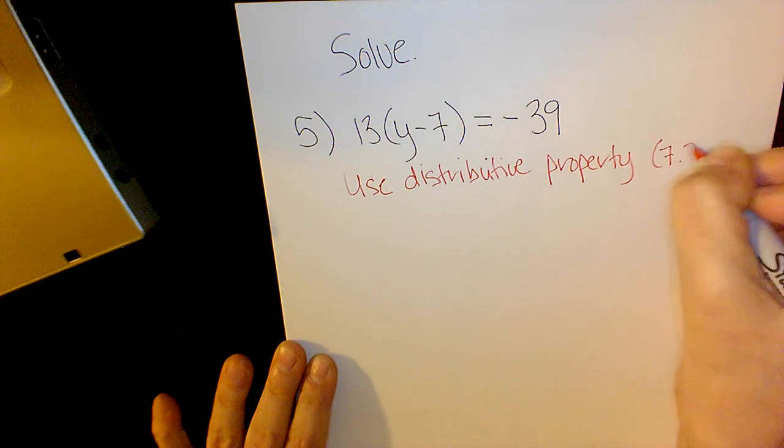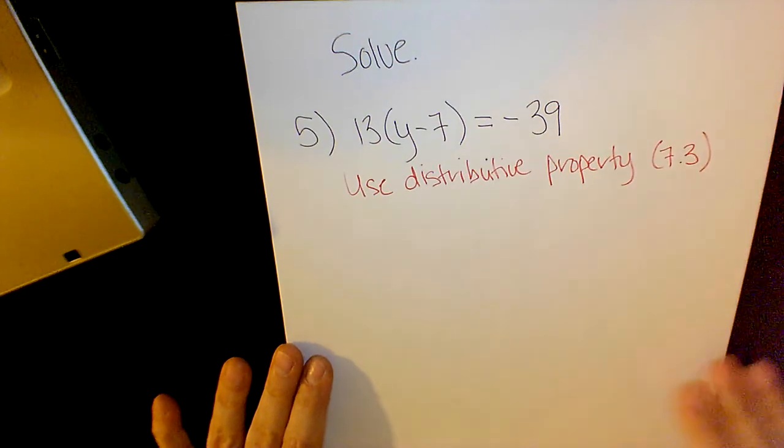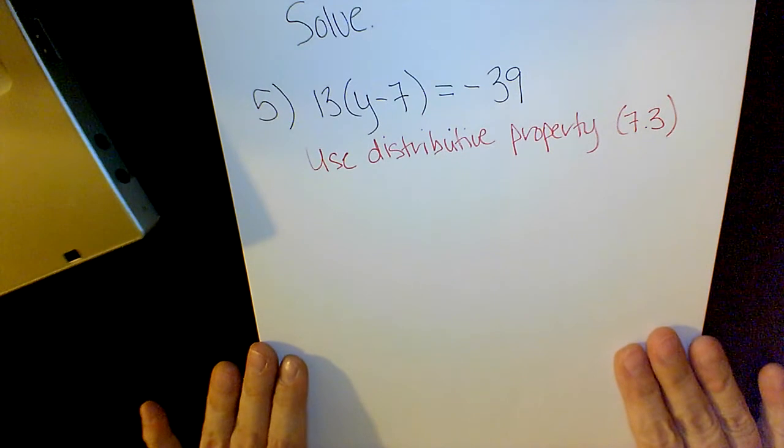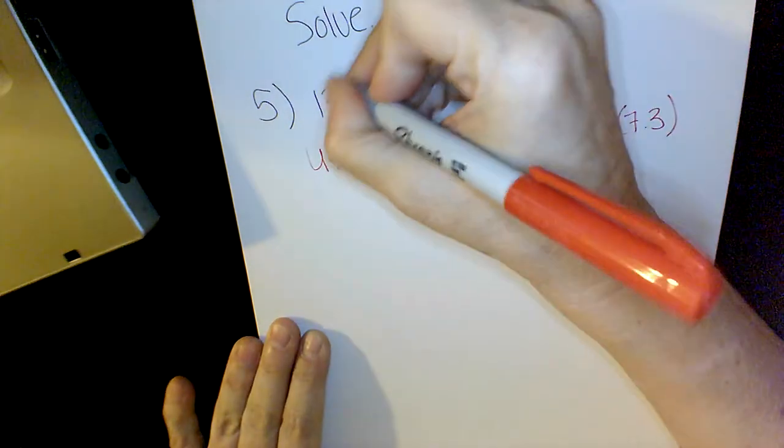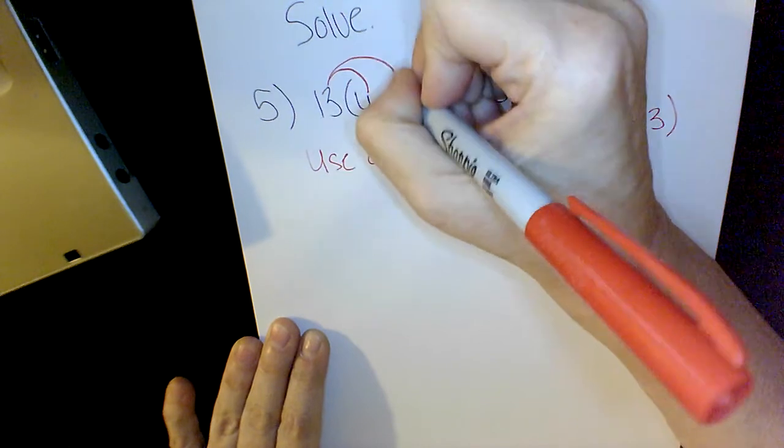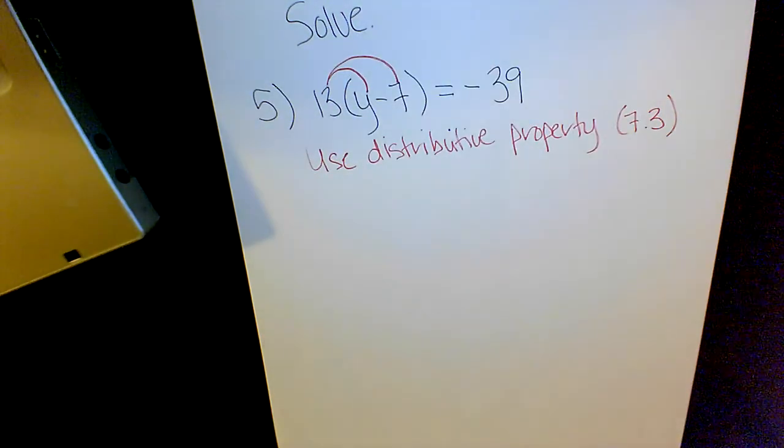And if you need to go back, I know I did a video, it was section 7.3. So remember, I'm going to multiply the 13 times the y and the 13 times the -7. That's what the distributive property says.